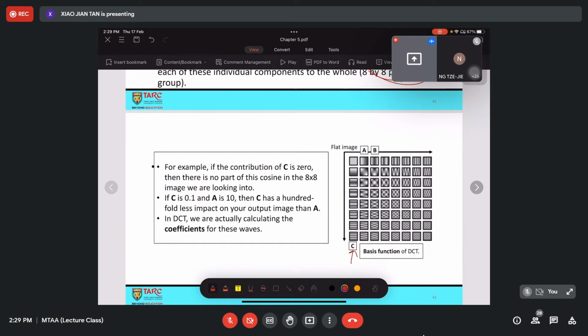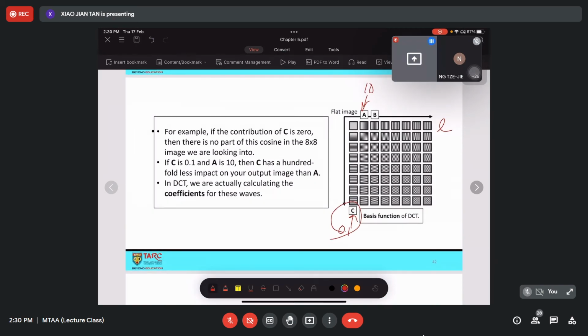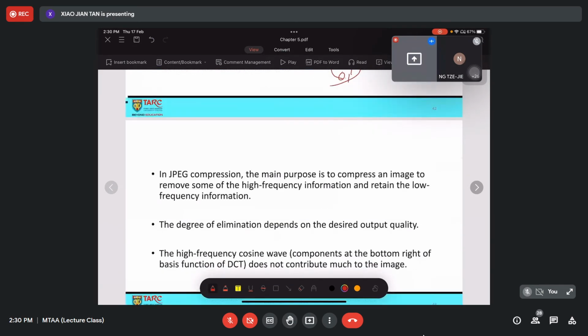If C is 0.1 and this is A, and this is 10, which means C has 100-fold less impact on your input image than A. So by using this DCT coefficient, we can know which component is the dominant component in our input image. Later on, if C is not so important, we can omit C. We can throw away all the information from C. So in DCT, we are actually calculating the coefficient for this wave.